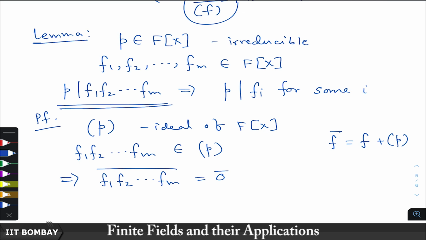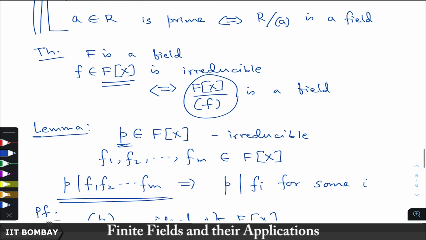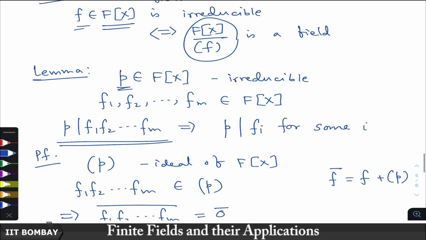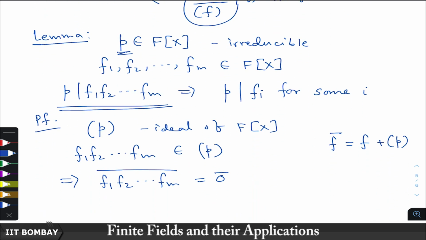Now, the set of cosets forms the quotient ring, which in this case is a field, because P is irreducible. We just now discussed, if P is an irreducible polynomial, then this quotient ring is a field.